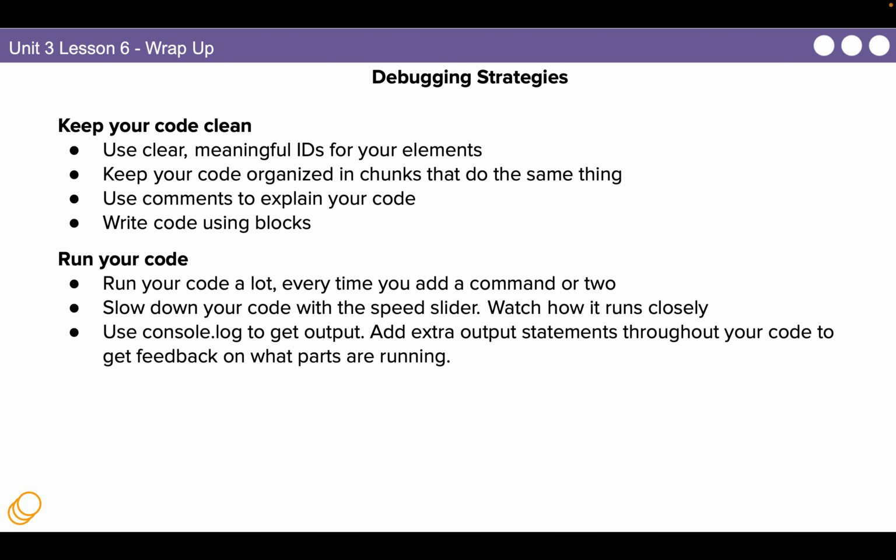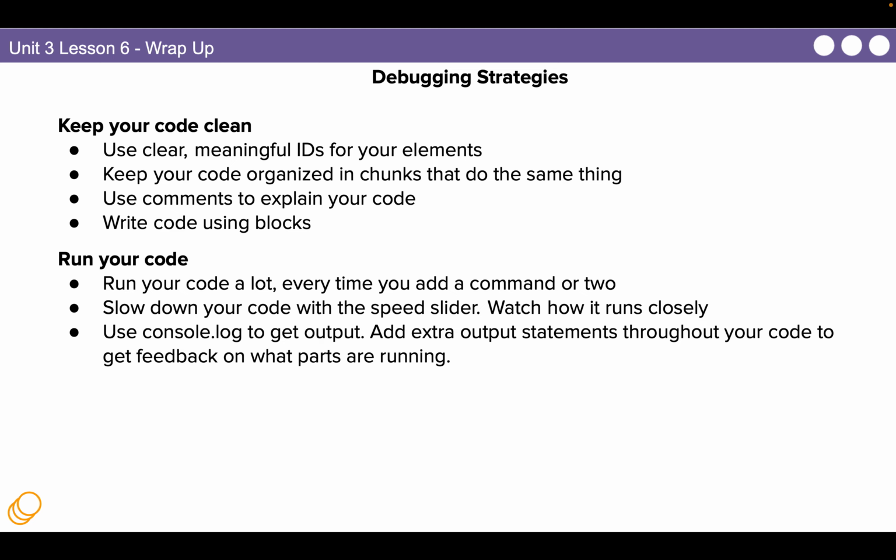Run your code a lot, every time you add a command or two. So when you do any little thing that accomplishes one little tiny task, run it. See if it does what you thought it did. And therefore you'll catch your errors earlier. You'll be able to fix them without doing much investigation work first.